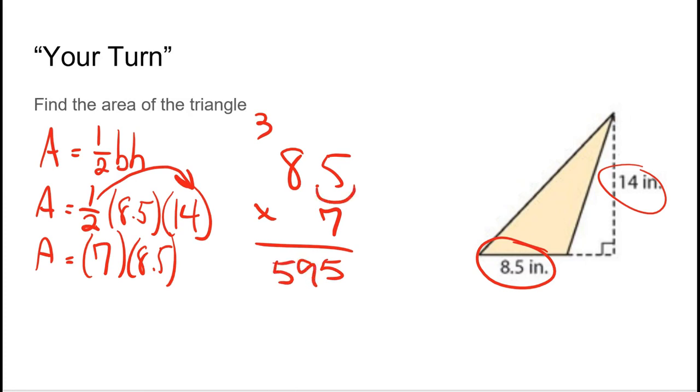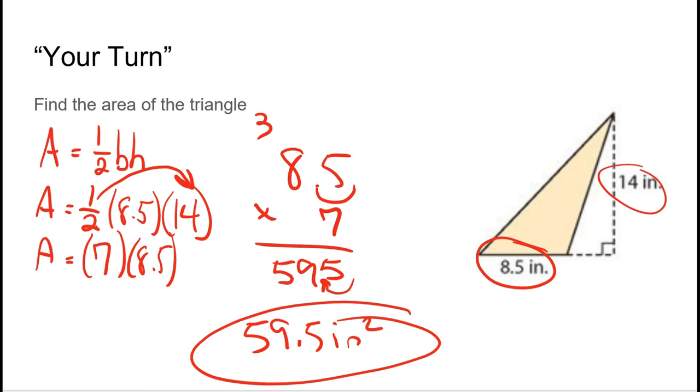And because we have one decimal point in our factors, we move it over one decimal point, put our decimal there, and our answer is 59.5 inches squared. Okay, again, if you know the formula, it's very easy to find the information you need, plug it into the formula, and just multiply. So to wrap it up, our steps are always the same.